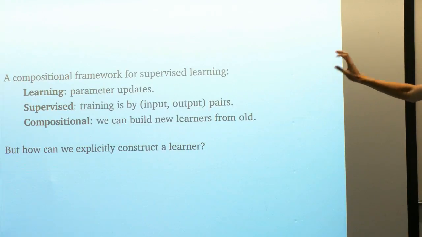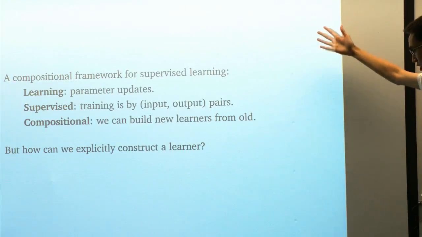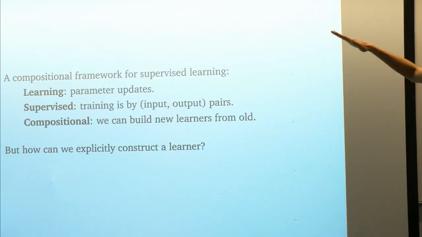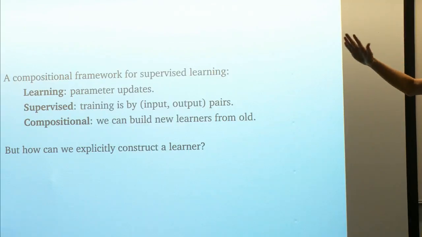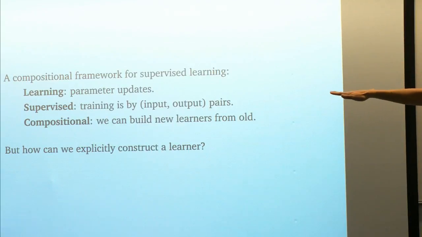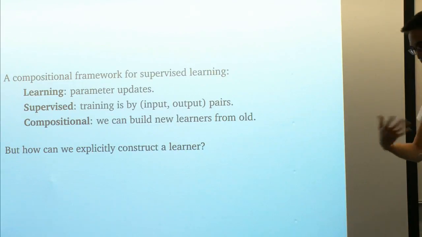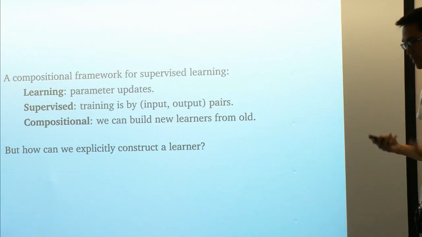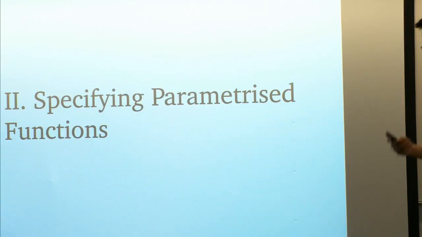To specify a learner, you need to first start by specifying a state space, and then a class of functions parametrized by that state space, this implementation function. So let's start by thinking of ways to specify these things. And again, neural nets are a way to specify such a thing. So part 2, specifying parameterized functions.